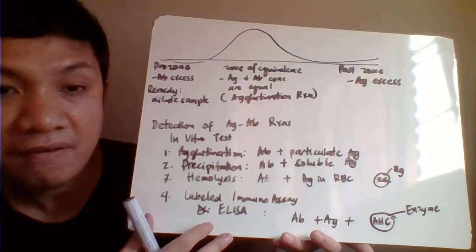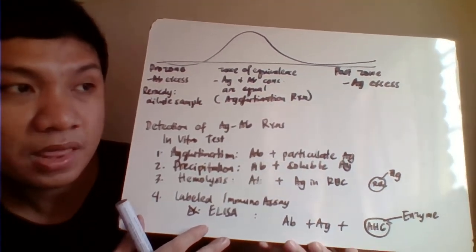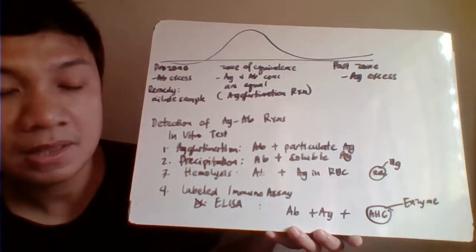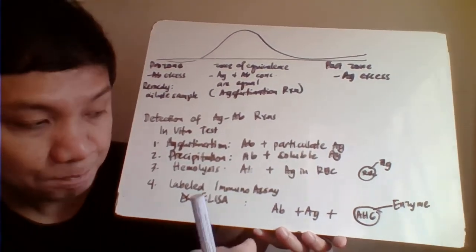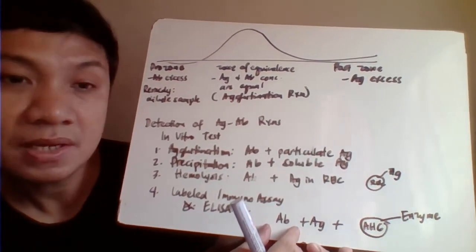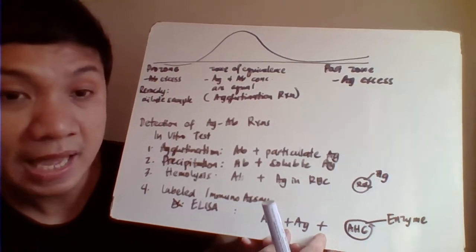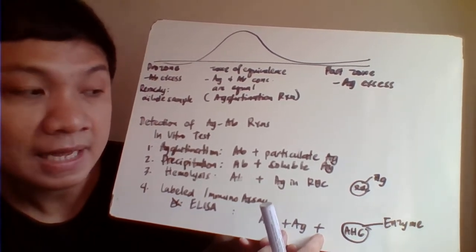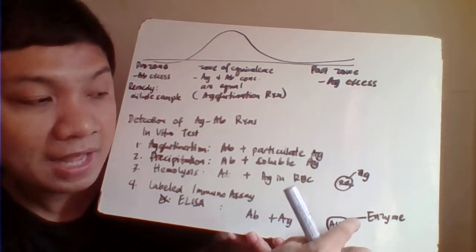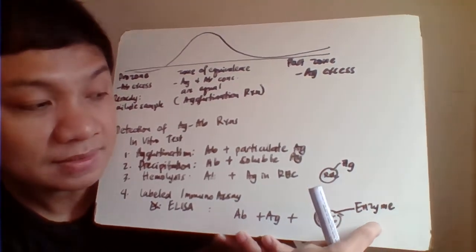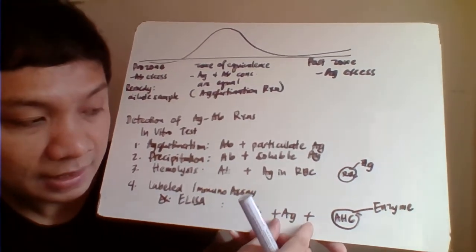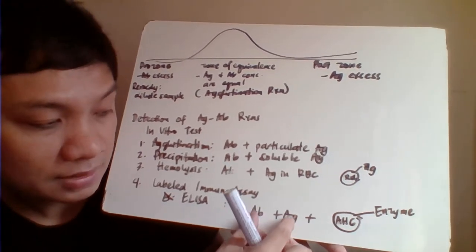We can also identify our antigen-antibody reaction with your labeled immunoassay. We'll be discussing this one sa topic tayo ng labeled immunoassay. On this one, if you are detecting antibody in the patient sample, mag-a-add ka ng antigen as your reagent. Plus, mag-a-add ka rin ng another reagent, for example, anti-human globulin labeled with the enzyme. May naka-attach dito na enzyme. So, for example, if your patient sample has antibody, nag-add ka ng reagent na antigen, magre-react siya dito.